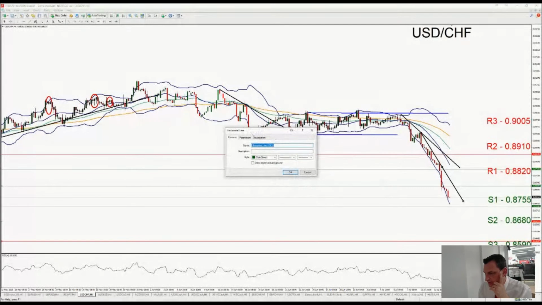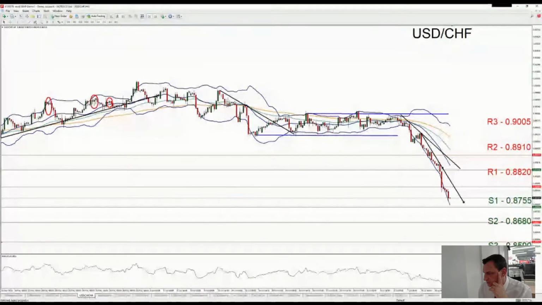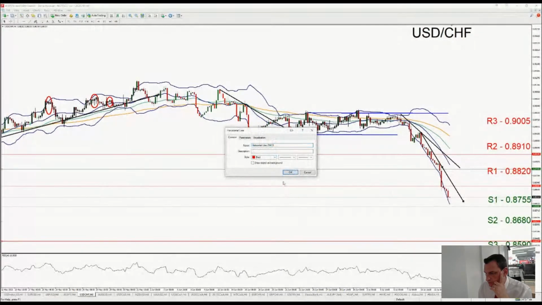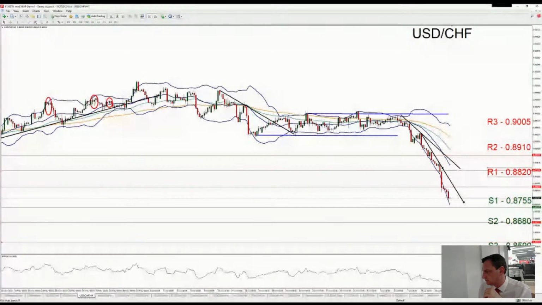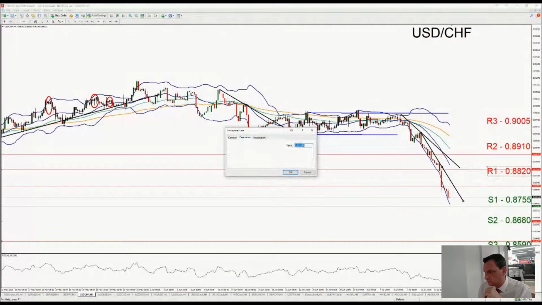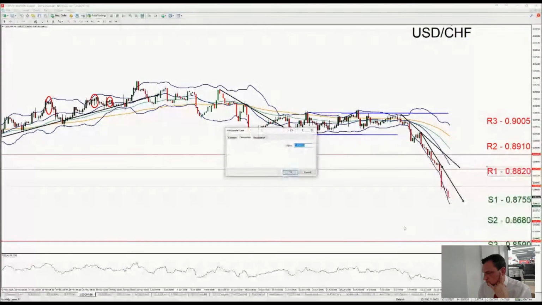Definitely these have to be reversed into resistance lines. Sorry. In green, the new support lines have to be colored.